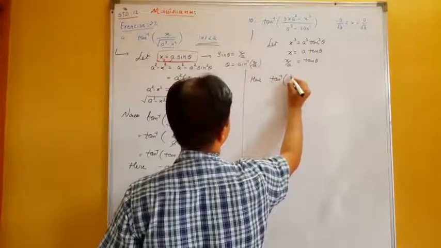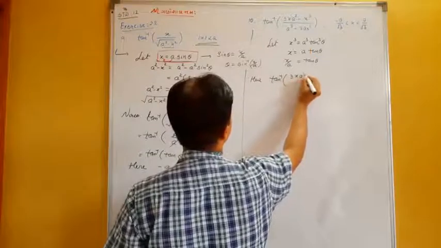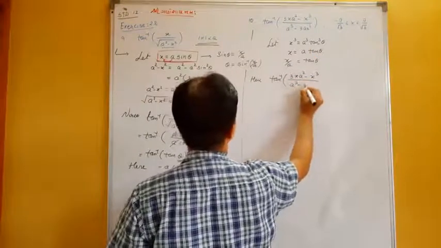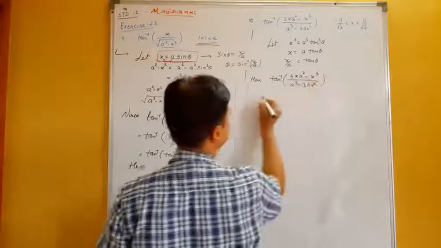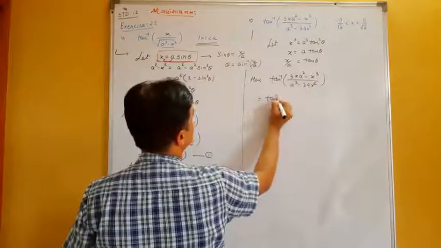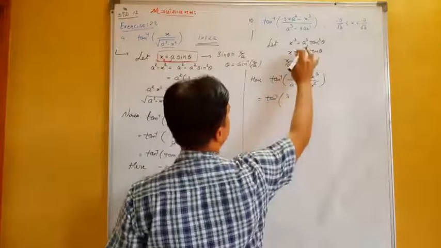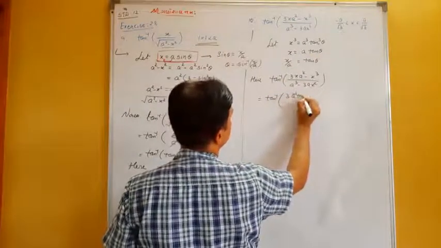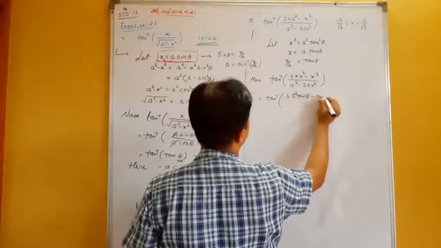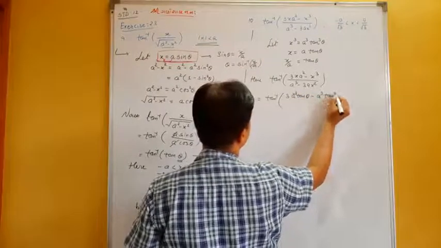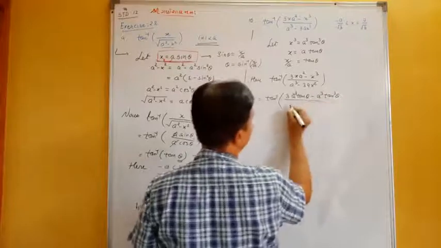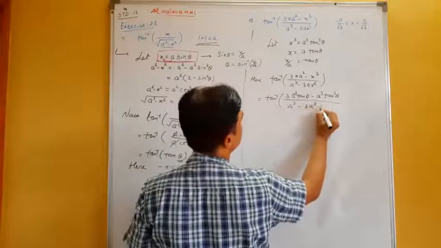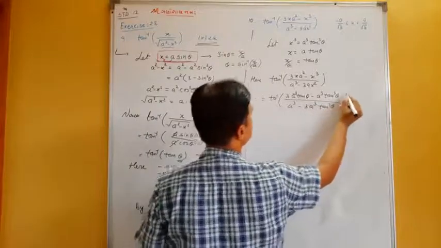Tan inverse of 3 x a square minus x cube upon a cube minus 3 a x square. That means a cube tan theta minus a cube tan cube theta upon a cube minus 3 a cube tan square theta.